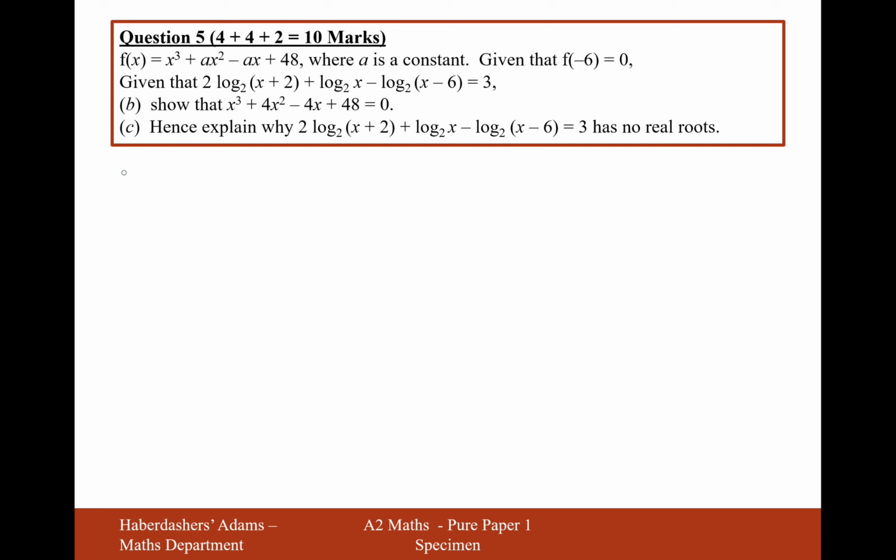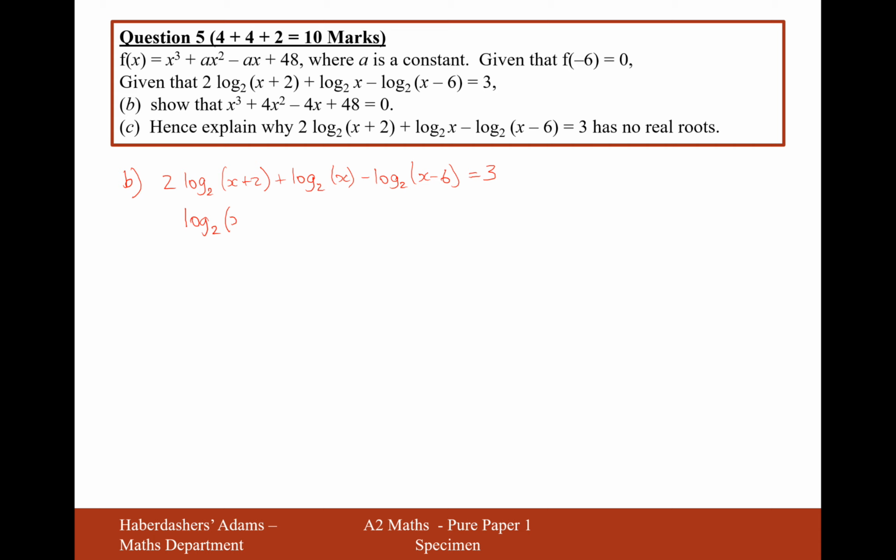Okay, well, let's start off with 2 log 2 of x plus 2 plus log 2 of x minus log 2 of x minus 6 equaling 3. First thing we need to do before we can add and subtract these logs is that this 2 needs to go inside the bracket.